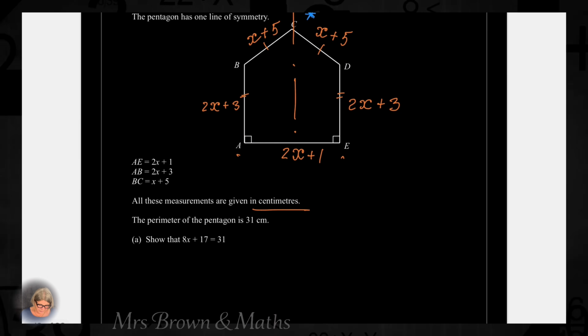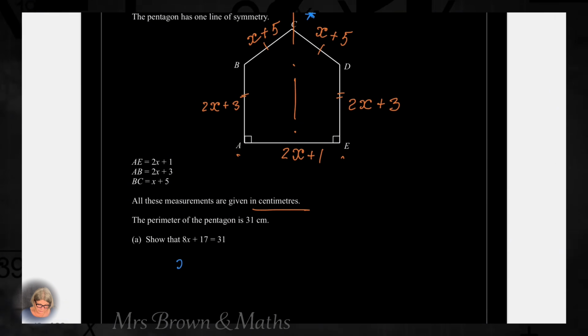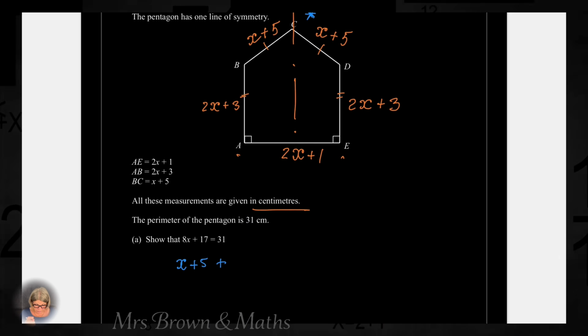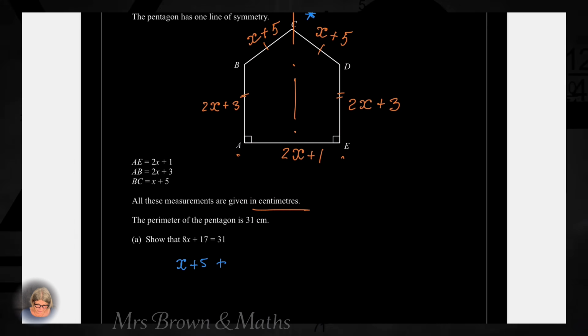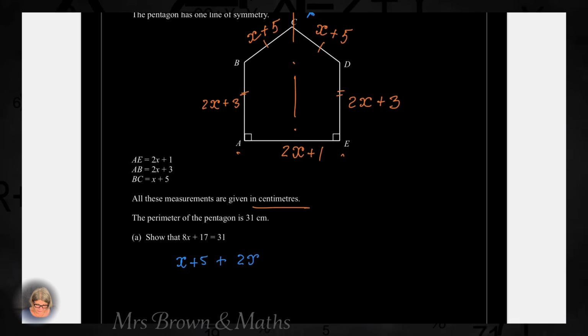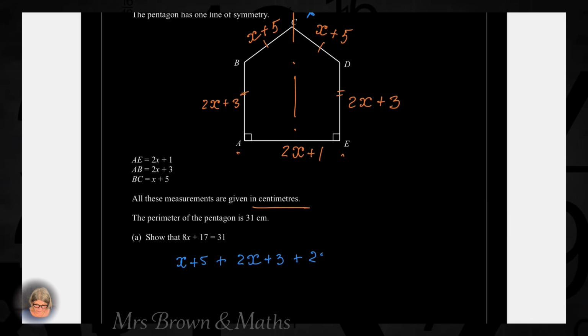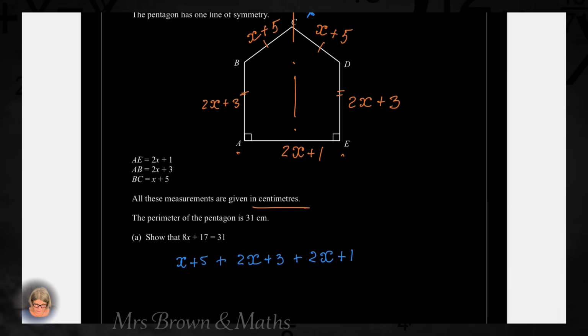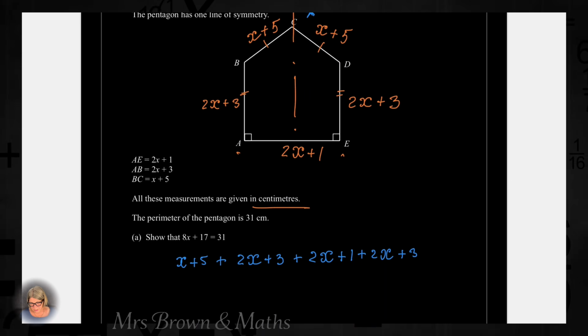X plus 5 plus, I'm going clockwise, 2x plus 3 plus 2x plus 1 plus 2x plus 3 plus x plus 5.